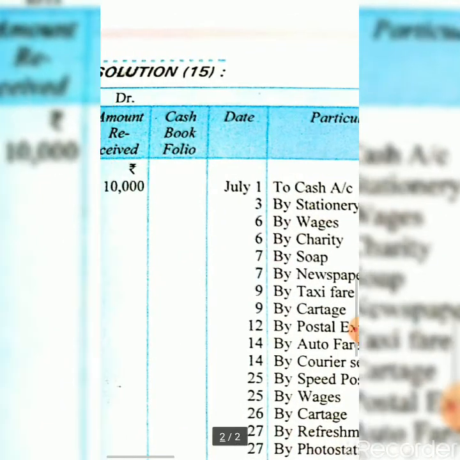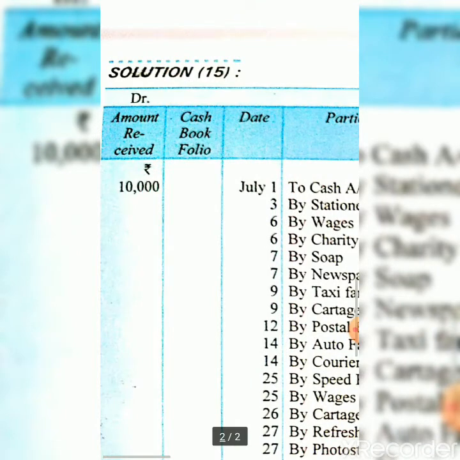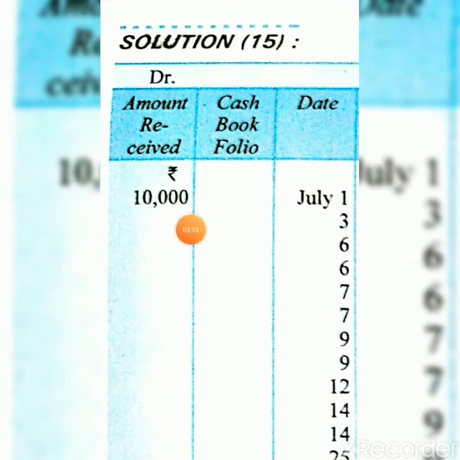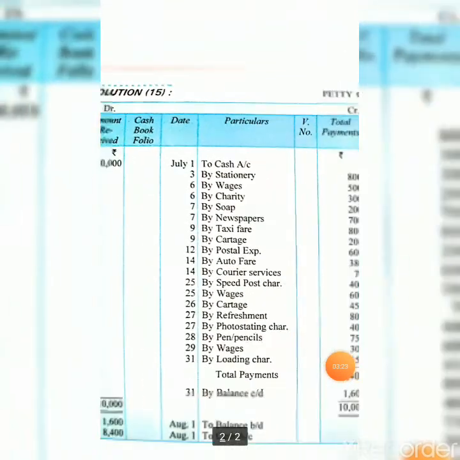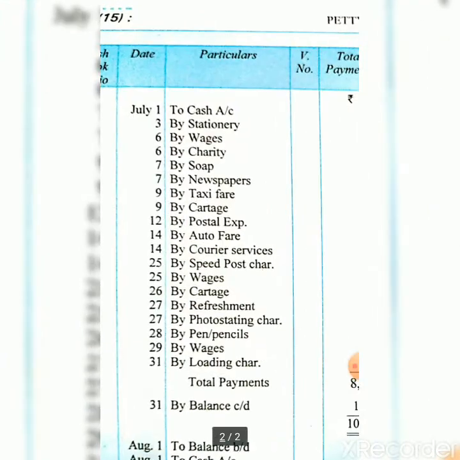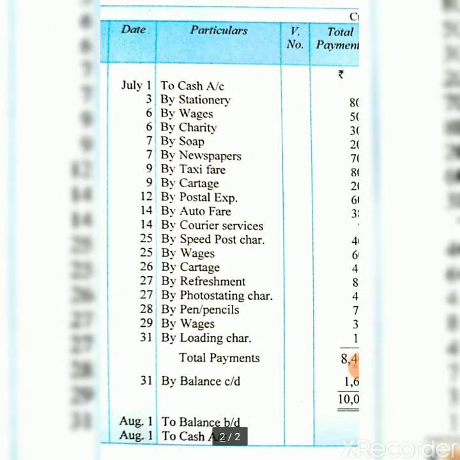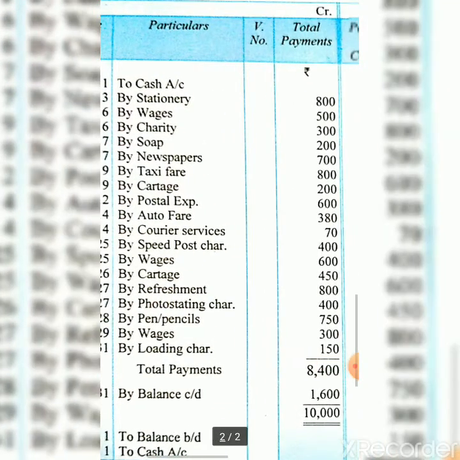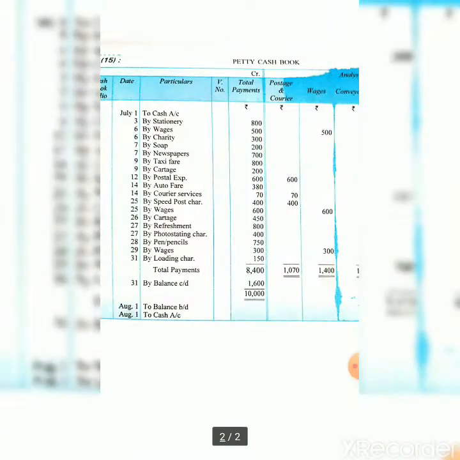First thing is that at the start 10,000 rupees, that is the imprest system balance. Again, after that nothing will be entered in the debit side, and only credit will be there, because in the middle of the month no money will be paid to the petty cashier. So let's see, each and every expense has been maintained here and mentioned here.